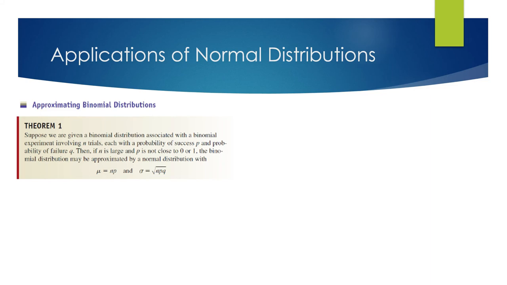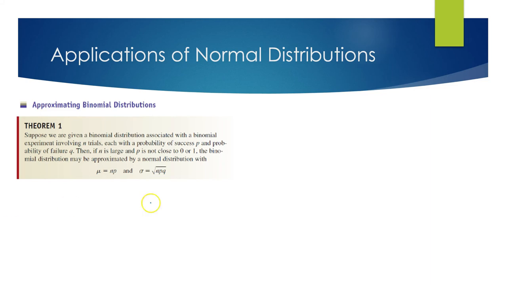The problem is, though, obviously you're taking a normal distribution, which is for a continuous distribution of continuous data, to approximate a binomial distribution, which is supposed to be discrete data. So there are some issues along with that. So there are some conditions under which you can use this.